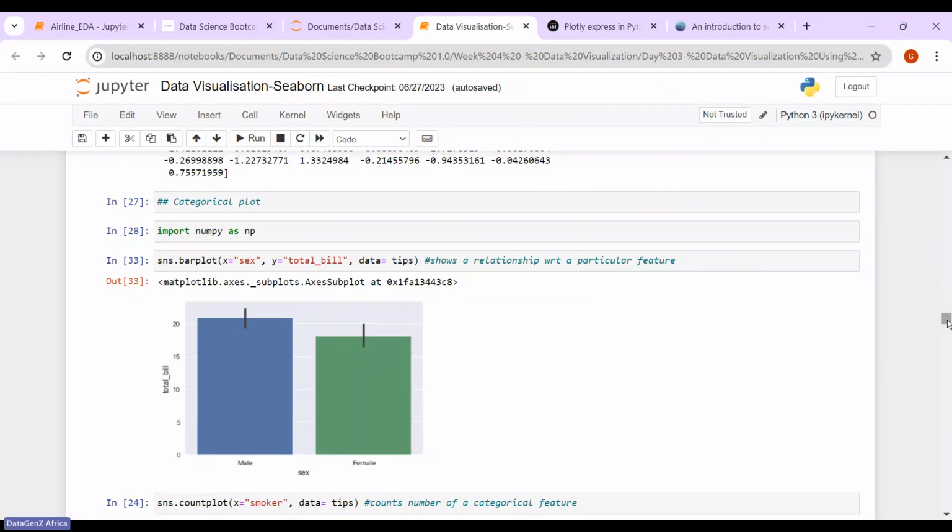Then the numerical columns are columns that have a long range of values, maybe 0 to 100, scattered around different ranges. All right. So now here you can plot a bar plot, checking the relationship between sex and total bill. Here you can now see that males actually tend to spend more compared to females, right? That's what this graph is telling us.